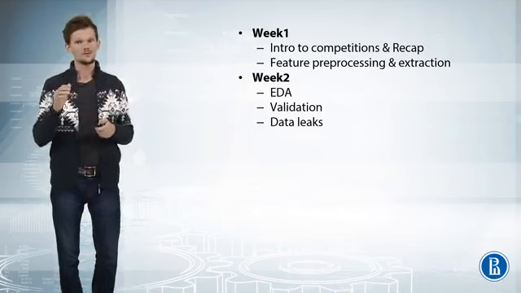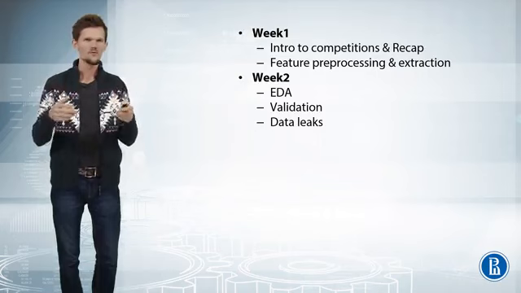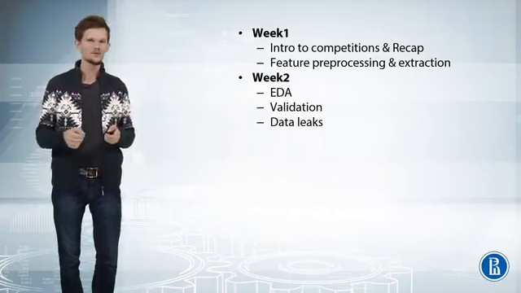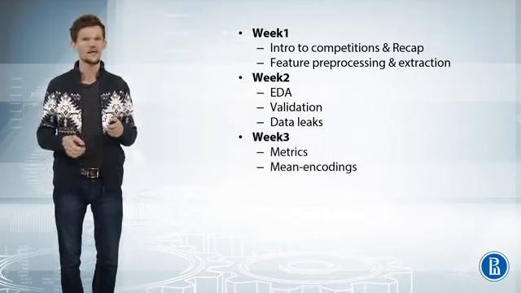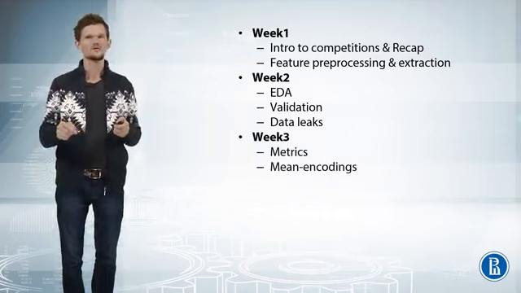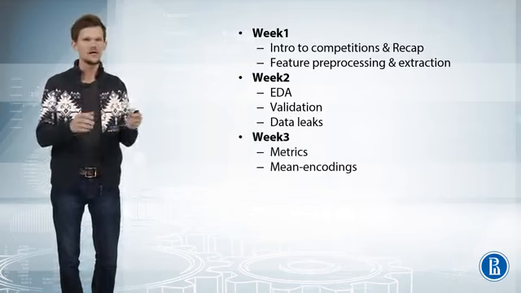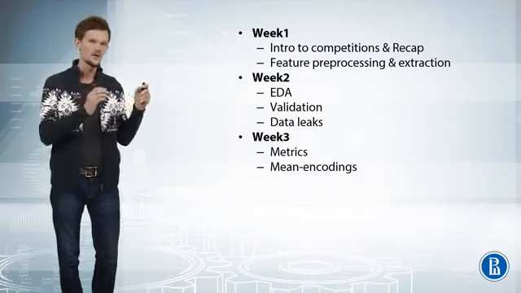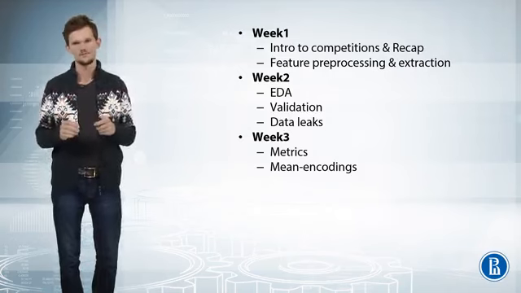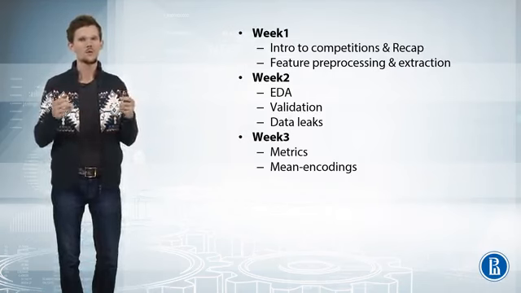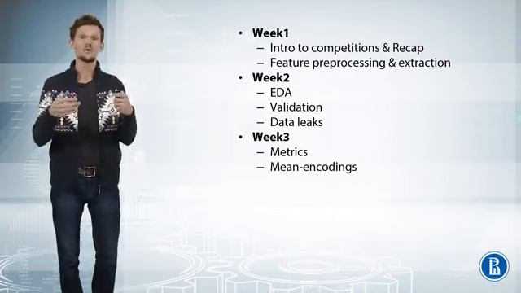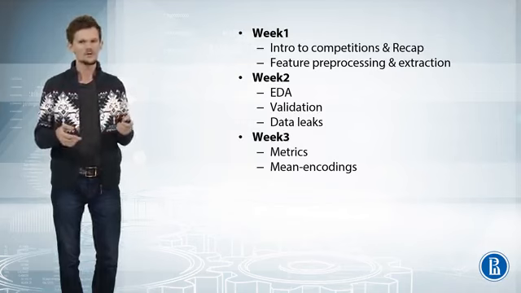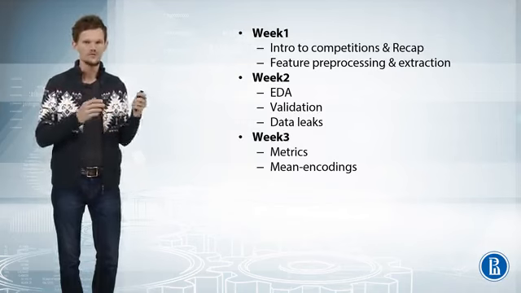After this pipeline is ready, we'll focus on the improvement of our solution, and that's already the week 3. In that week, we'll analyze various metrics for regression and classification and figure out ways to optimize them both while training the model and afterwards. After we will check that we are correctly measuring improvements of our models, we'll define mean encodings and work on mean encoded features.